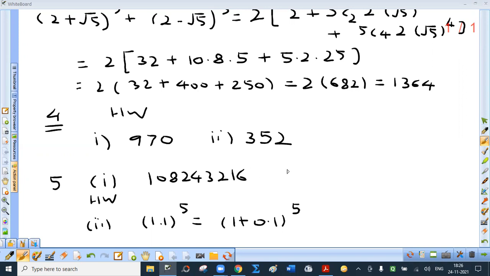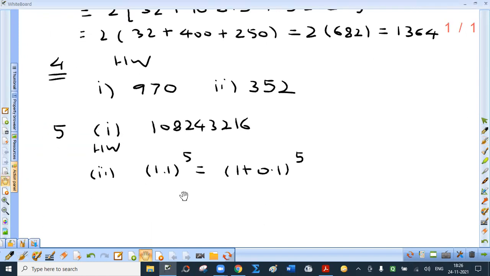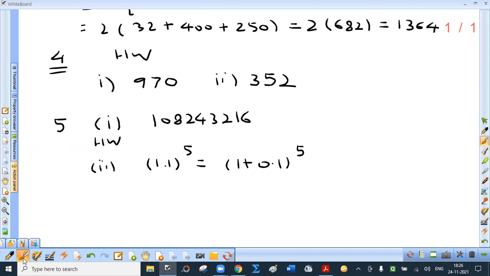Second part, 1.1 raised to 5. Write this as (1 plus 0.1) raised to 5. Now expand this using binomial theorem. Now I will not write 5C0 because it is 1. So I will directly write 1 raised to 5 plus, start writing 5C1 1 raised to 4. If asked as MCQ, you need not write even 1 raised to, because 1 raised to anything is going to be 1. Okay.